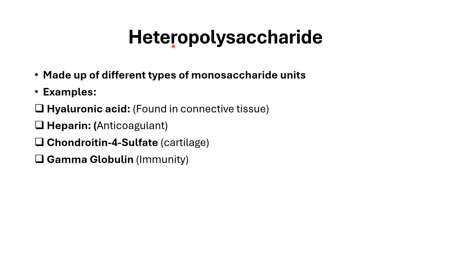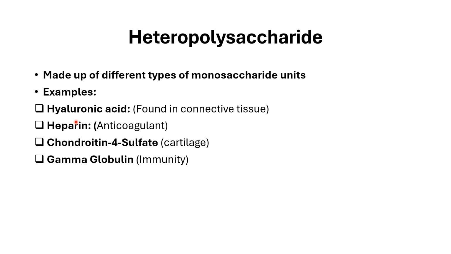Now, let's see heteropolysaccharide. Heteropolysaccharide means the repeating units in such polysaccharide are different. Examples of them can be hyaluronic acid, heparin, chondroitin 4-sulfate and gamma globulin.